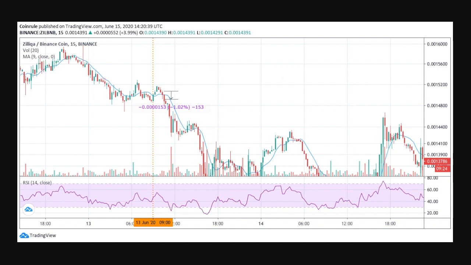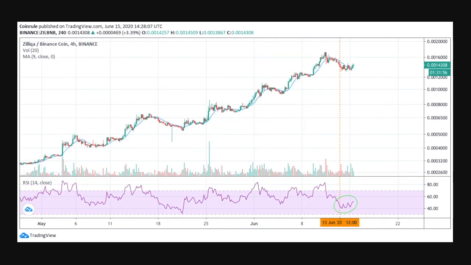Something interesting that I noticed is that here we are in a 15 minutes time frame, but if we zoom out a bit, here is the same trading pair, Zilica BNB, we see that on a 4-hour time frame, here is the line to indicate where I entered, the RSI was quite low.